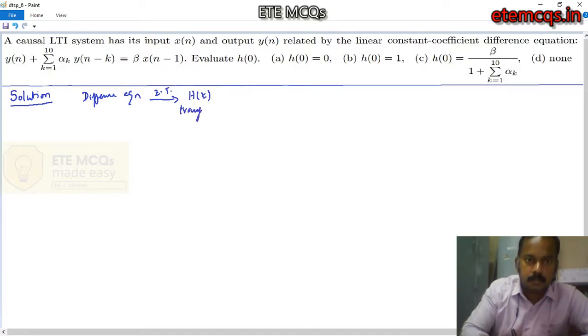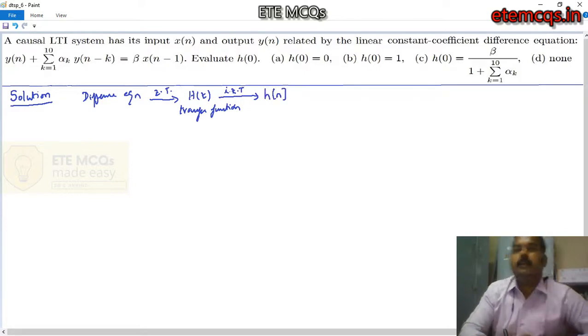Then taking inverse Z transform, H of z becomes h of n, and if you substitute n is equal to 0, you get h of 0. You can find h of 0 from h of n.